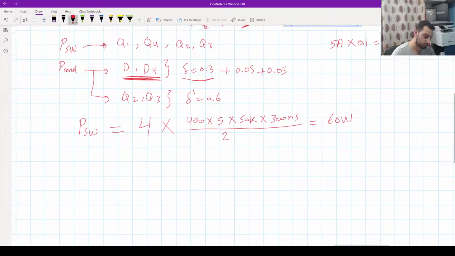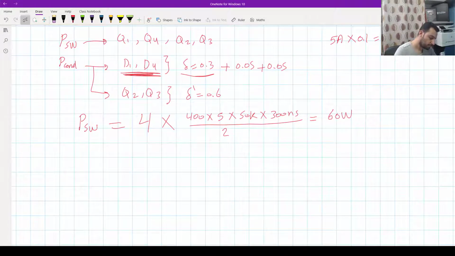Now for the conduction, we have D1 and D4. For D1 and D4, we have to calculate the average current and RMS current.